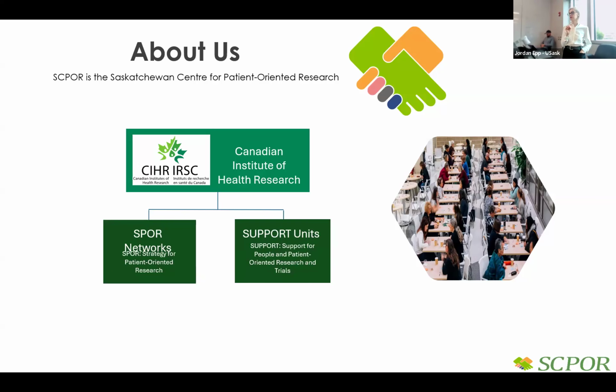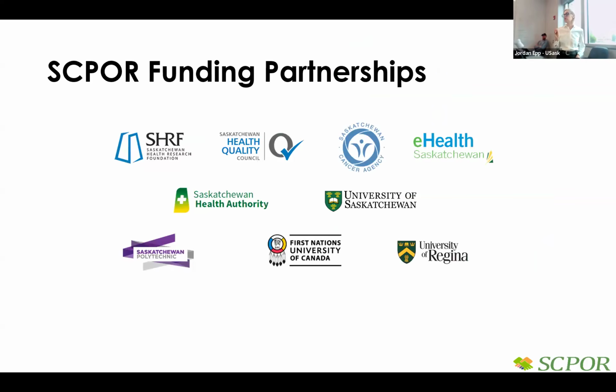We've had two iterations of our grant. We had SCIPR 1.0, 2.0, and we're really looking forward to 3.0 in the very near future. So we've been at it for about 10 years, and we're hoping for another 5. We can't do this by ourselves, and one of the reasons is that all the dollars that we receive have to be matched by a partner organization. So somebody in the province of Saskatchewan has to step up and say, we'll support this too. And it is a small change.